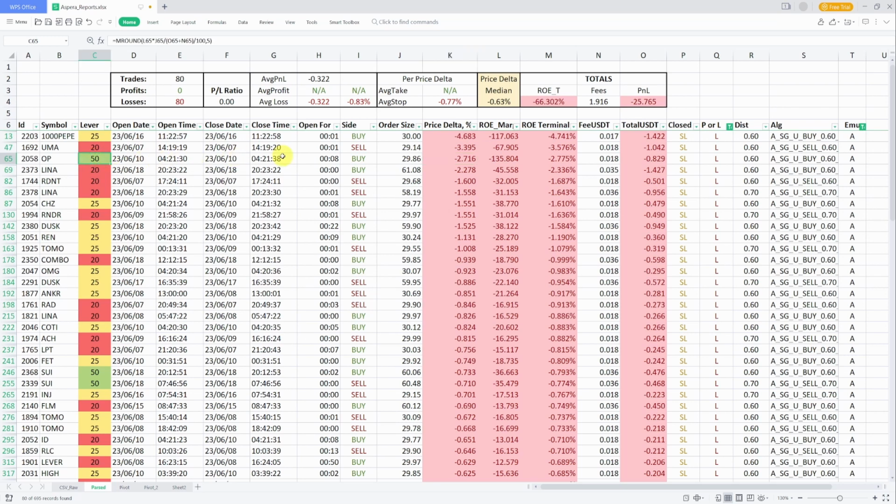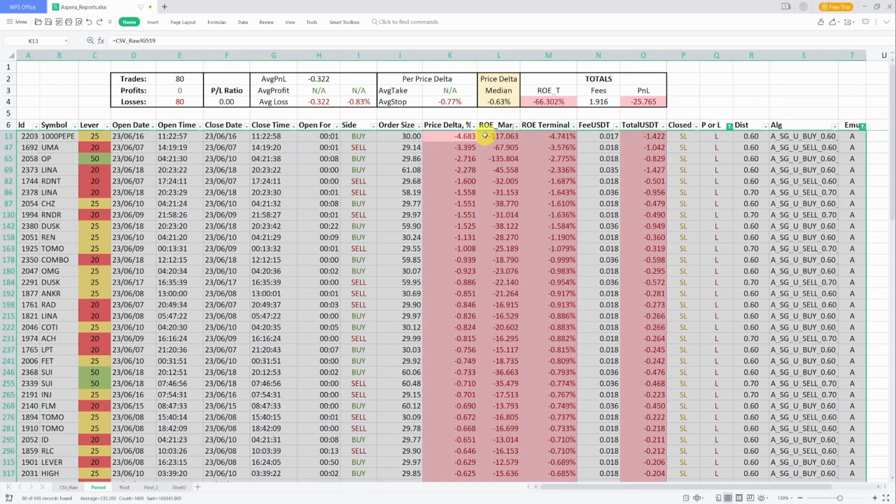So in this case it should be 2%, but it was 2.7%. Here it was supposed to be 4%, it's minus 4.7. That seems unfair, but that's the reality.